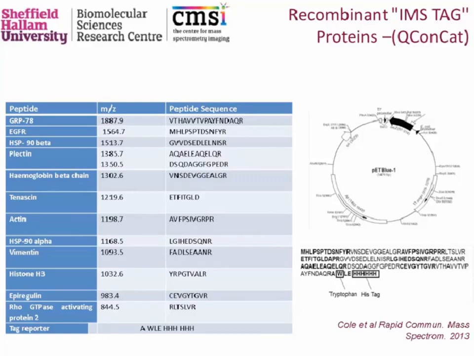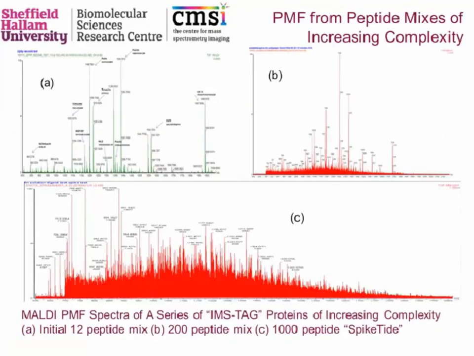So molecular biology techniques are used to create a protein that contains just the signature peptides that you're interested in, one protein that can then be digested to use for standards. This was published 2013, so a few years ago now. And I would say, although this is really useful and we can still do it, the methodology for developing and making peptides has moved on.